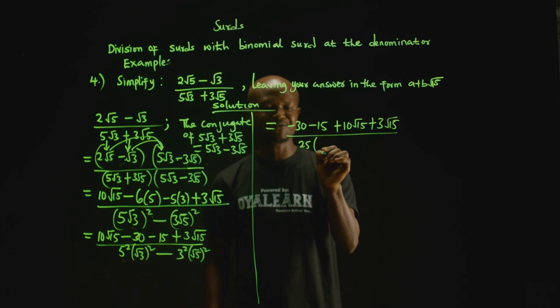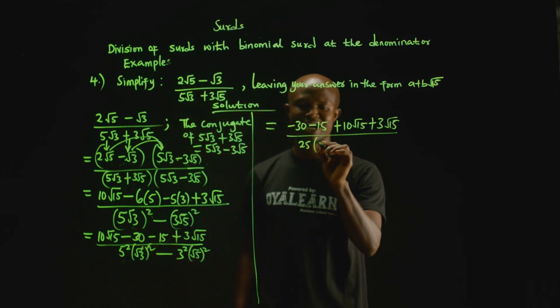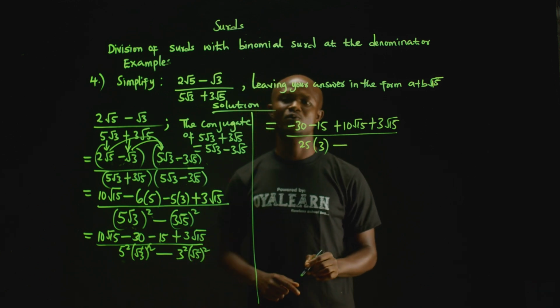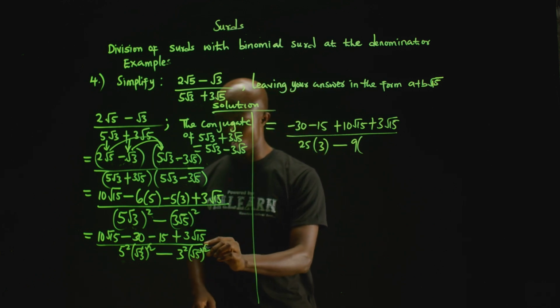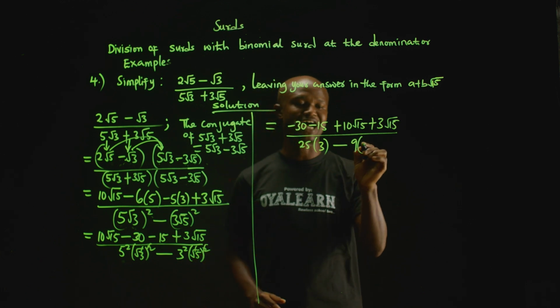So we have 25 into, these two we go with the square root here, so we have 3. Minus 3 squared, that's 9. Then root 5 squared will give us 5.